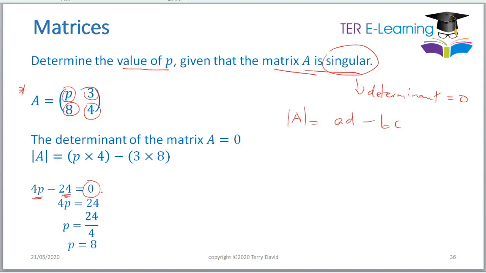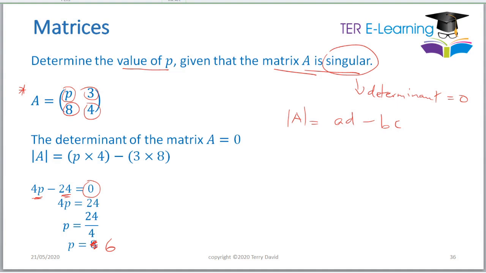And what we really have here now is an equation that we need to solve for P. So 4P, we're going to take the minus 24, carry it on the right hand side, it becomes 24. So therefore P is simply 24 divided by 4. Oh, sorry, this is wrong. This is 6. So P is equal to 6, not 8. So this is how they bring the question when it comes to a singular matrix.